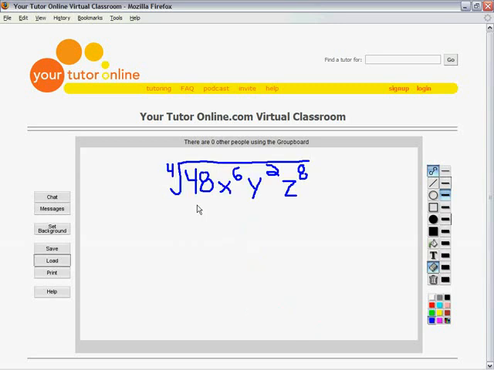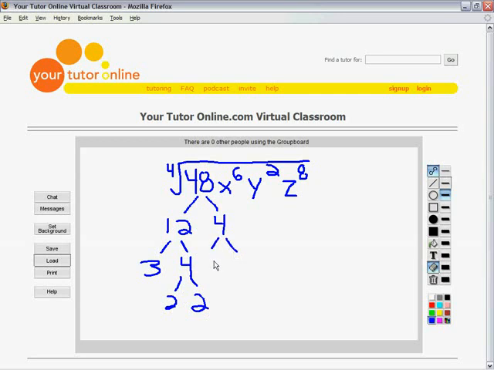Let's look at how to do radicals with variables in them. For a coefficient, we're still going to do a factor tree. 48 is 12 times 4. 12 is 3 times 4. 3 is a prime number. 4 is 2 times 2.